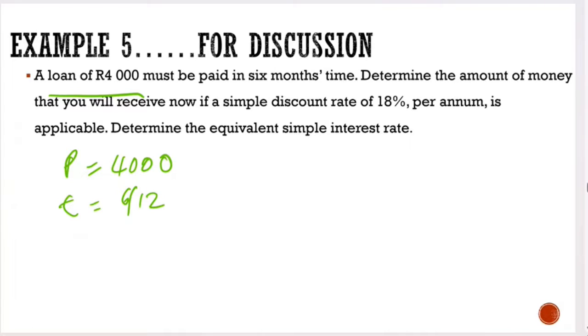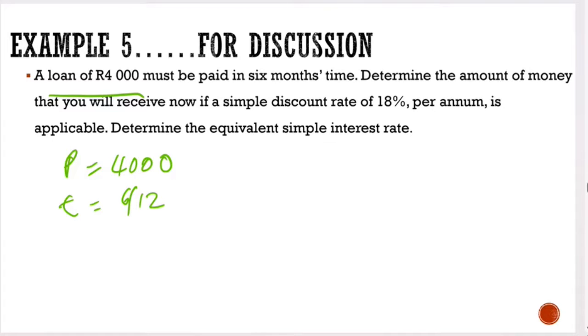I started to say a loan of 4,000 must be paid in 6 months. I said my P is 4,000 without reading the whole story. So I can miss out some information and decontextualize incorrect information. I'm already saying it's P, but there's a story that I need to finish.